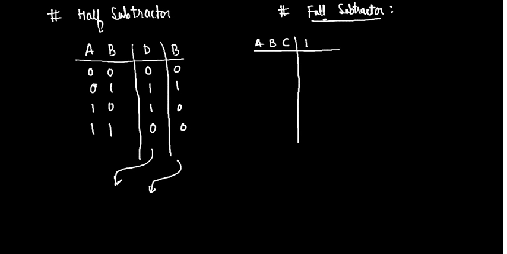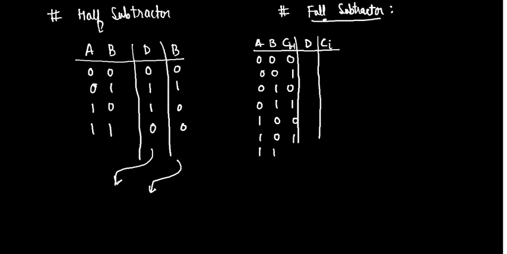And then the difference and the borrow of the new stage, let it be Ci minus 1 and Ci. Tell me, 0, 0, 0, 1, 2, 3, 4, 5, 6, and 7. So all the possibilities are covered.